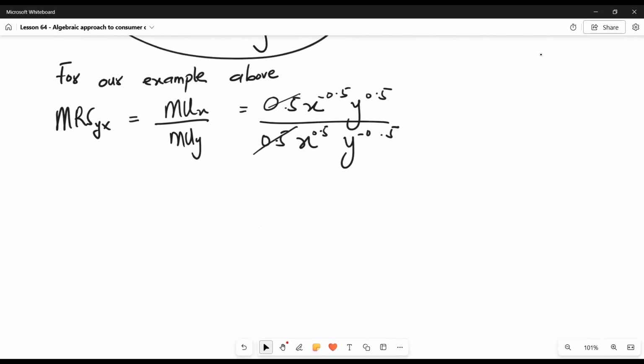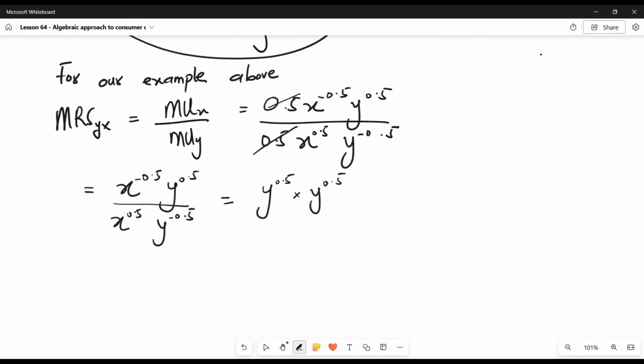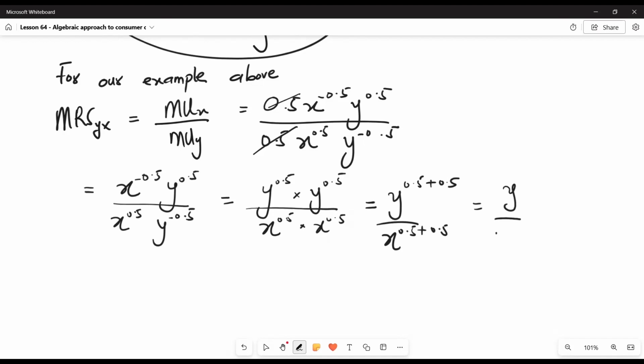Now, the 0.5s cancel, and our equation now becomes x to the power minus 0.5, y to the power 0.5, divided by x to the power 0.5, y to the power minus 0.5. Now, this can be rewritten as y to the power 0.5 multiplied by y to the power 0.5, divided by x to the power 0.5 multiplied by x to the power 0.5, and further simplified to be y to the power 0.5 plus 0.5 divided by x to the power 0.5 plus 0.5. And then our final answer is going to be y divided by x.